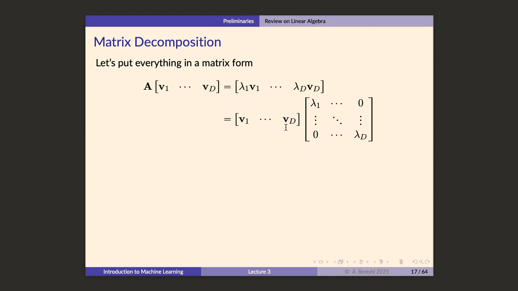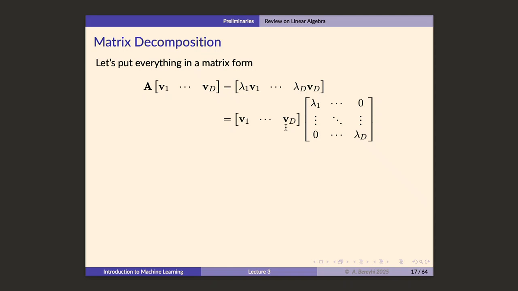Now, V is an orthonormal basis, meaning that if I multiply it with its own transpose, what happens? The identity matrix, right? Every single column here is orthogonal to the others. So if I multiply with the transpose, each column multiplied with itself is going to be 1, and multiplied with any other column is going to be 0.